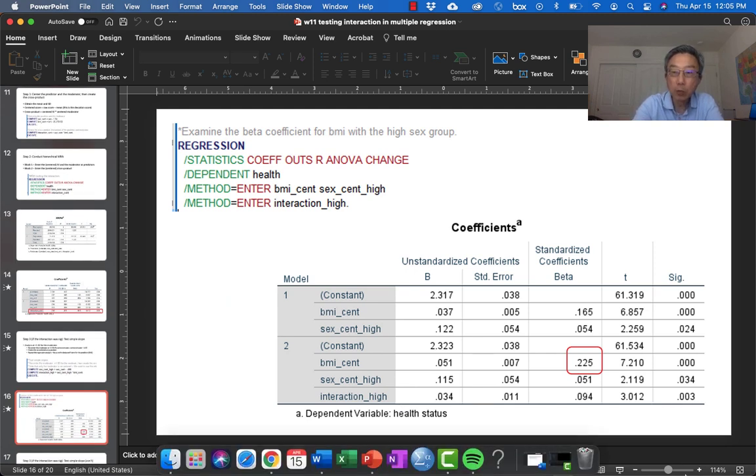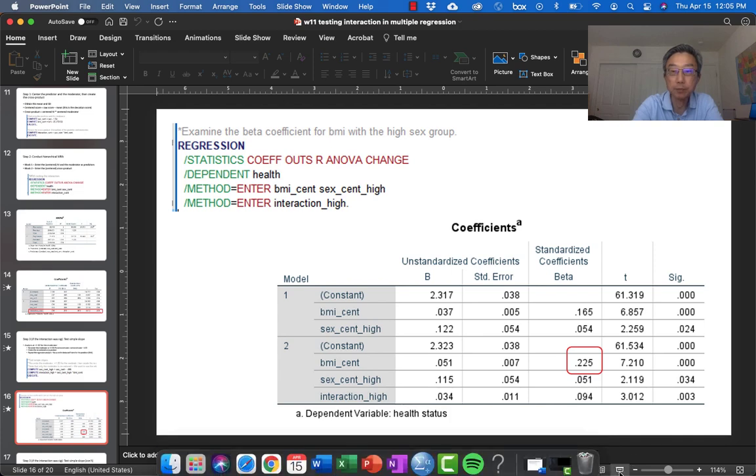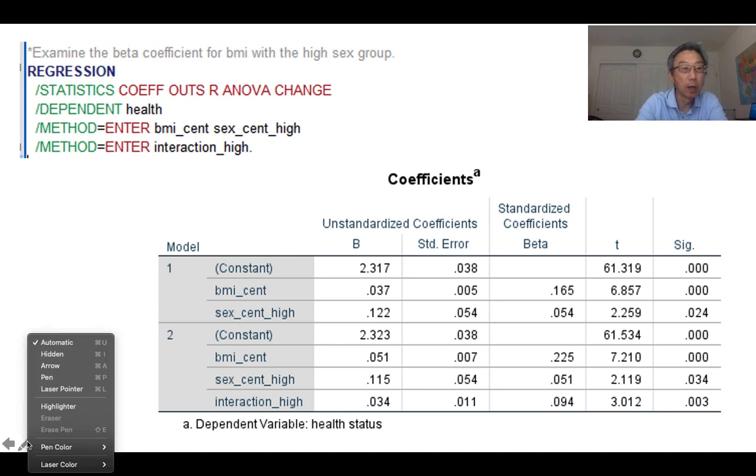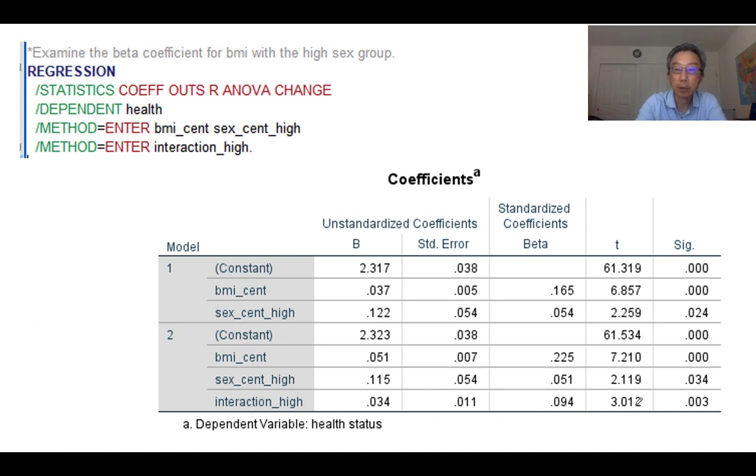Once we rerun the analysis, obviously, we are going to take a look at the interaction. It was still significant, remains the same. There's no change. However, for the simple slope, we need to look at BMI.